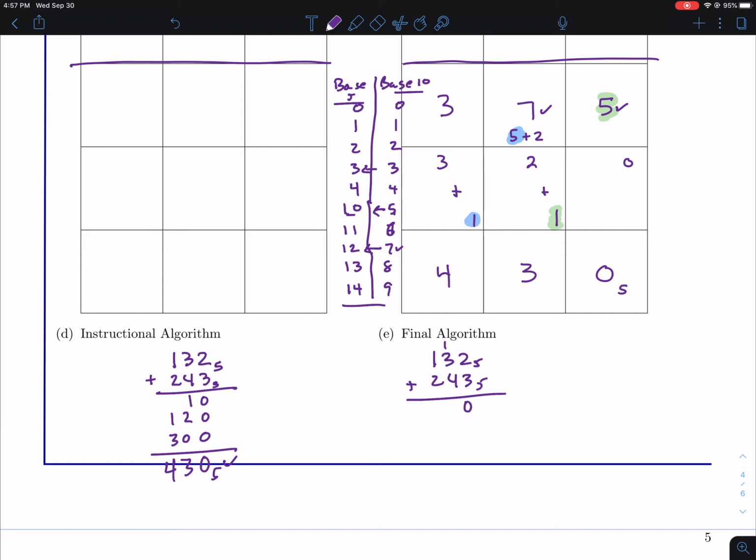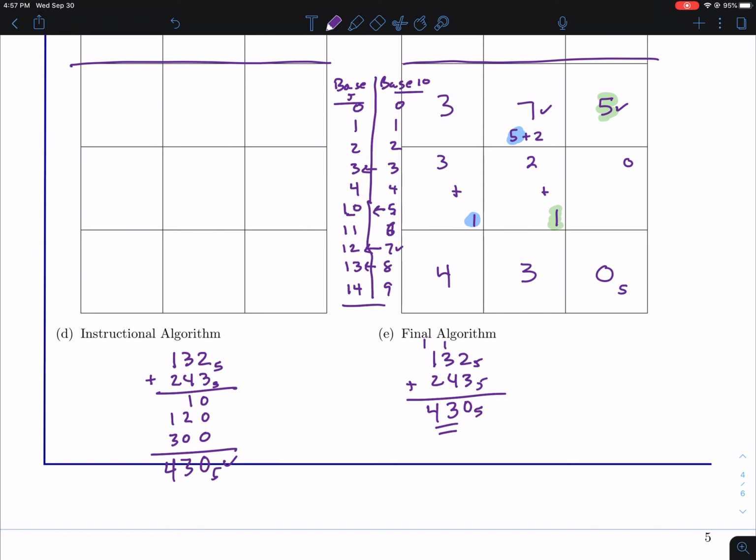Carry the 1. 4 plus 3 is 7, plus 1 is 8. So now I'll go to the 8 position. 8 base 10 is the same as 13 base 5, so I'd put a 3 here, carry a 1, and then 2 plus 1 plus 1 would give me 430 in this case, base 5.